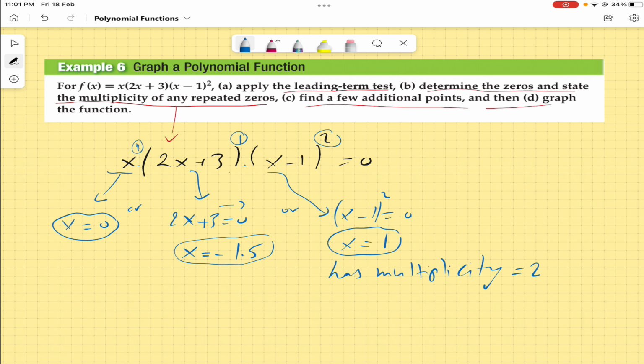We have x equals 0, x equal negative 1.5, and x equal 1. Arrange them in order: negative 1.5, 0, and 1.